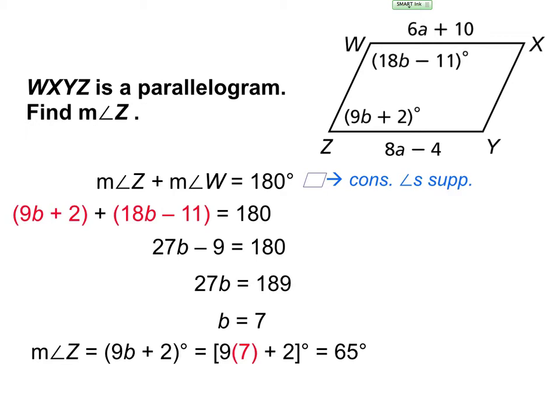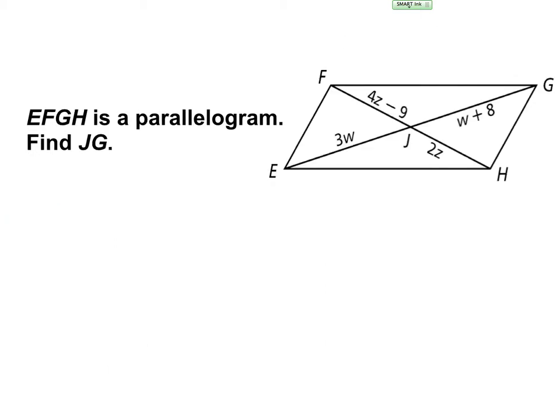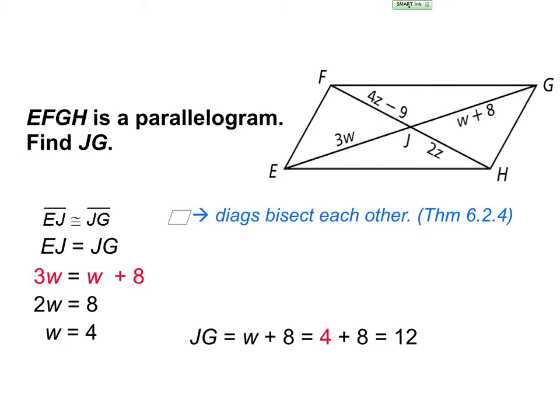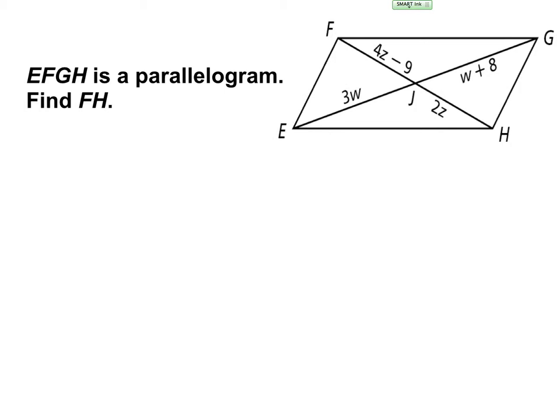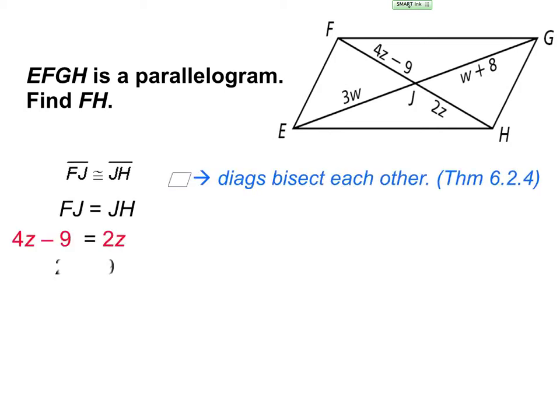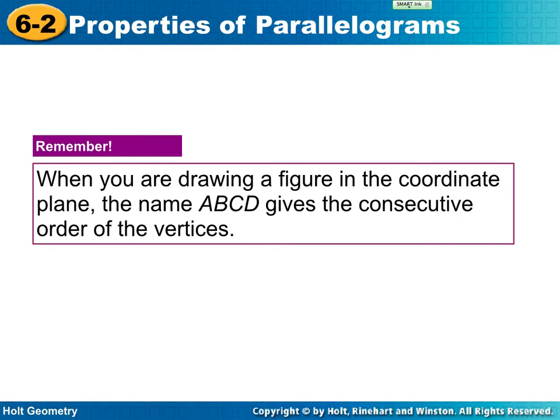Okay, question on that one? Okay, how about one that looks a little different? Find JG. JG is W plus 8. Parallelogram, diagonals that bisect.